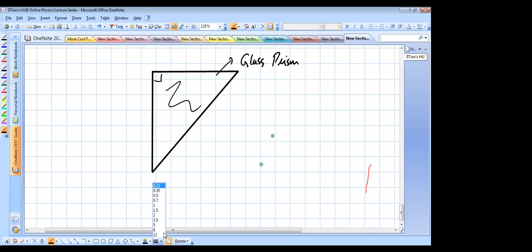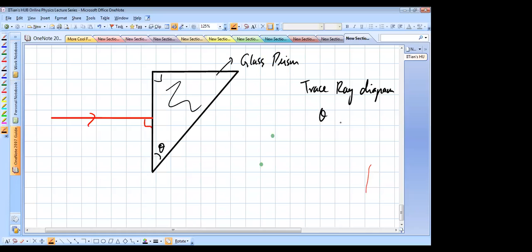And we have a ray of light which is incident on this surface normally like this. This angle is 90 degrees. And suppose for my prism, this angle is theta.